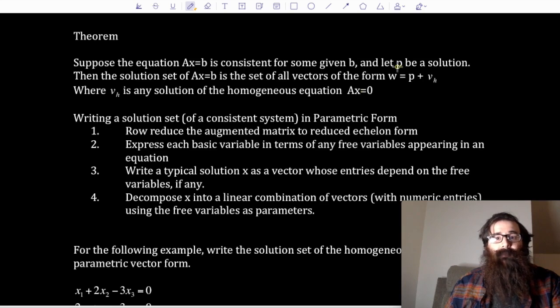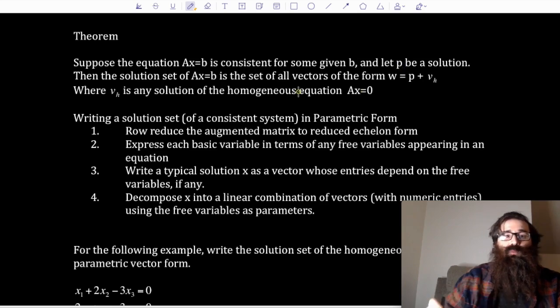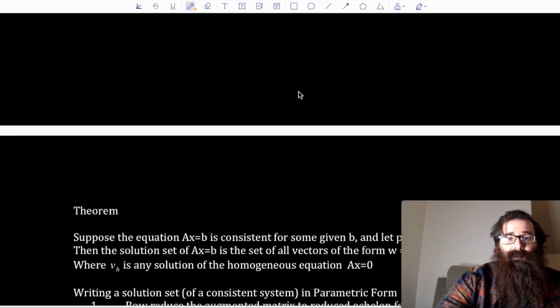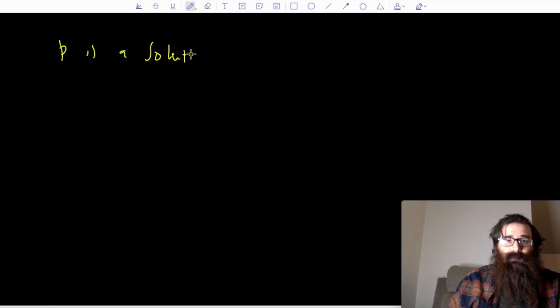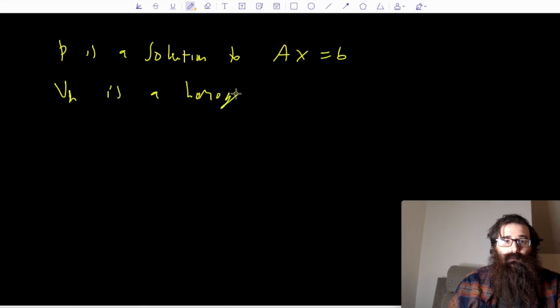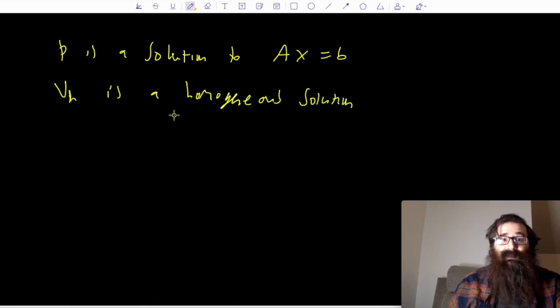So here we'd say, let P be a solution to Ax equals b. We can actually show this with some proof idea. So we'll say P is a solution to Ax equals b. And v sub h is a homogeneous solution, which means that this is a solution to Ax equals 0.